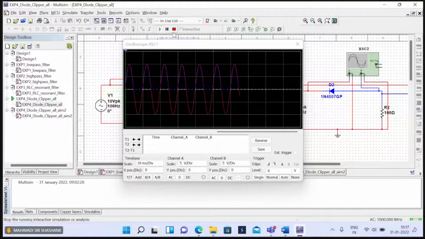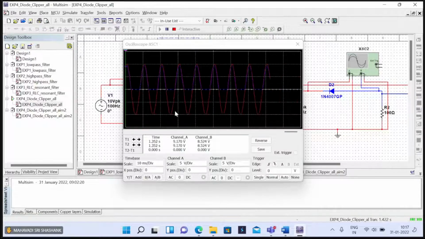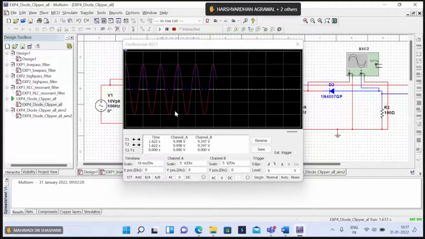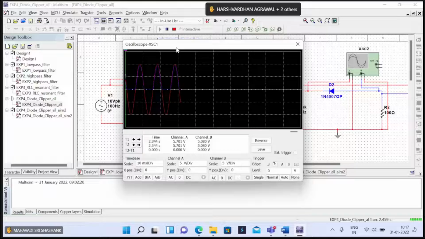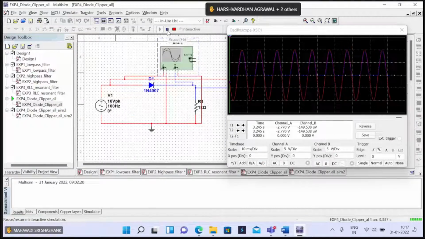Ma'am, the red one is the input line and the blue one is the output. Here I have taken 0 volts as the reference. Just show me the output only. This is the output, ma'am.